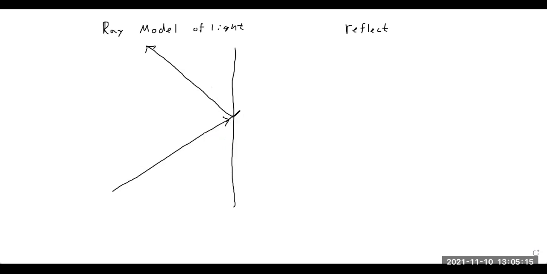Just for optics, as a rule, our angles are measured from normal. So this is our angle of incidence. This is our angle of reflection. And the mathematical rule is really simple. Angle in equals angle out.